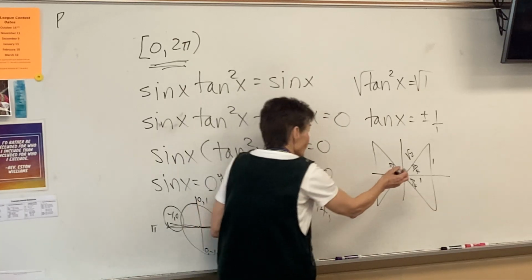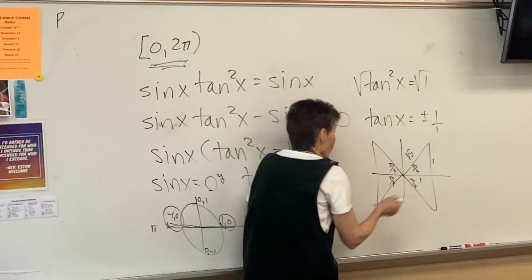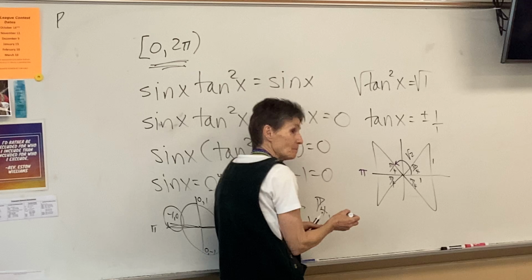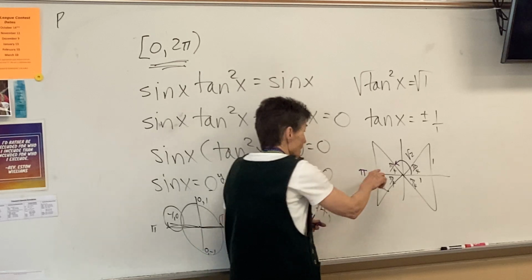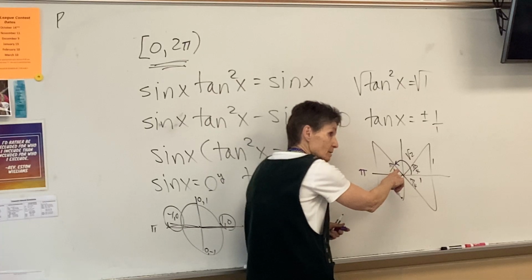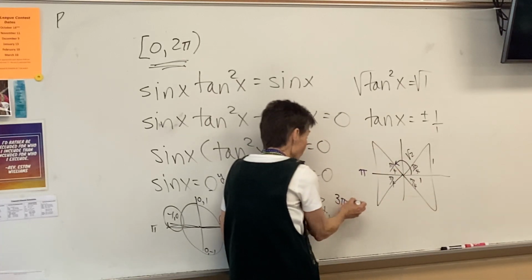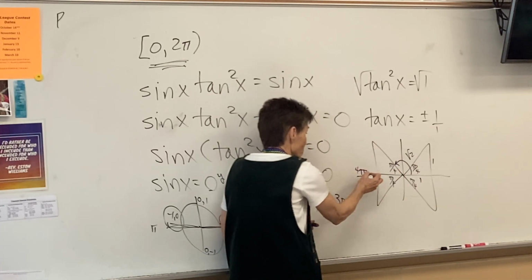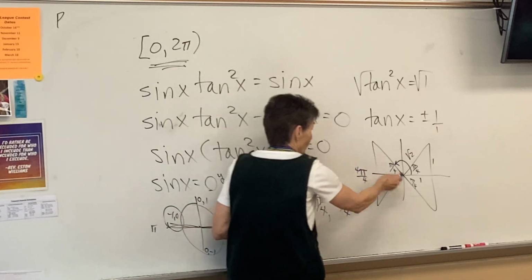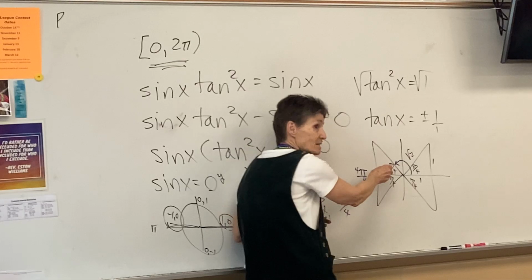One of them is pi over 4. What is the purple one? Now remember, this is pi. Isn't it 1 pi minus a fourth? So 3 pi over 4. This is 4/4, 1 pi. So that purple one is 4/4 minus 1/4.